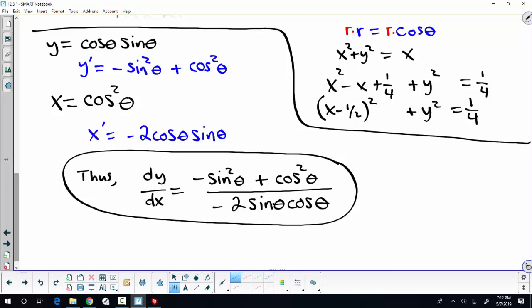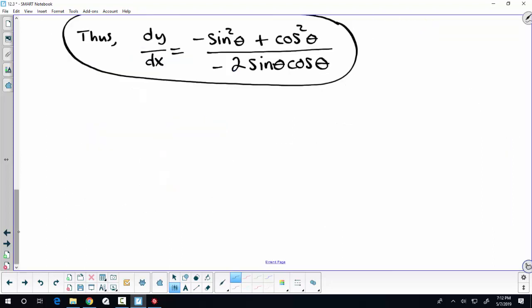To find our horizontal tangent, we have to look at when the numerator is 0.